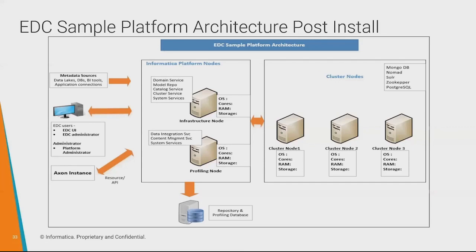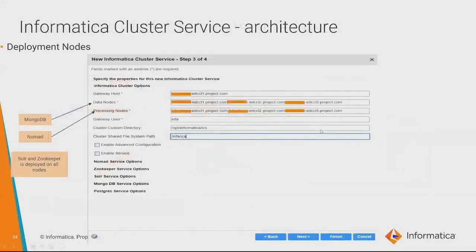So with this, I will go a step further into EDC cluster service deployment. Let me jump to the next slide. This is a screenshot from Informatica's admin console, where if you're creating the Informatica cluster service in the Informatica 10.5 series version, this is the option you'll be presented with.